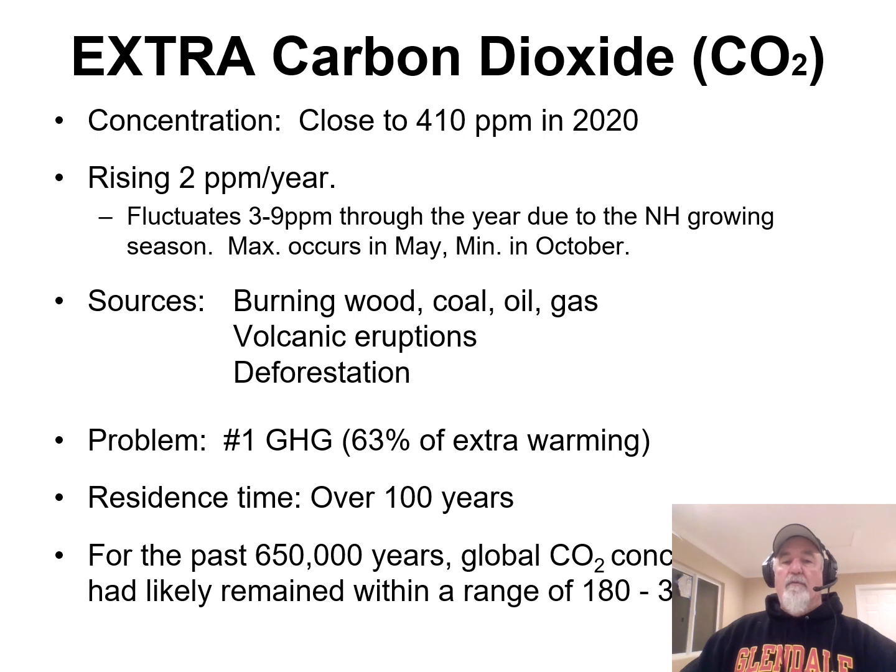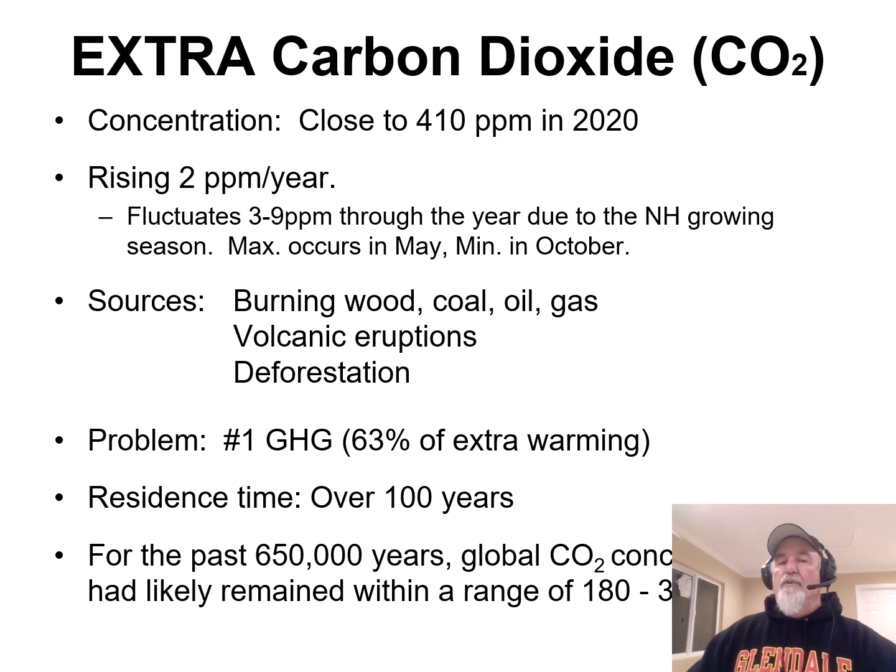Now remember, forests and other plants are the natural vacuum cleaners for CO2. If you think back a few slides, we were looking at CO2 being pulled out of the atmosphere by plants, and plants releasing O2 in the process of photosynthesis. So if we remove the forests in large numbers, we're removing big vacuum cleaners for CO2.